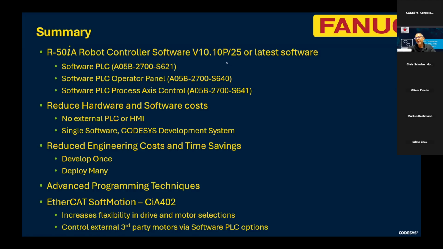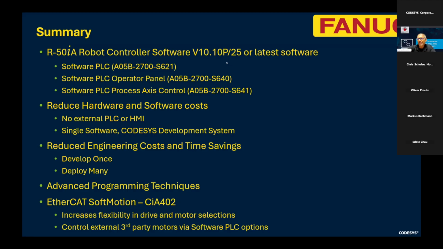As I mentioned, all three are not required for programming, and at its core, software PLC, software option 621, is required minimally. Both operator panel and process access control are optional.